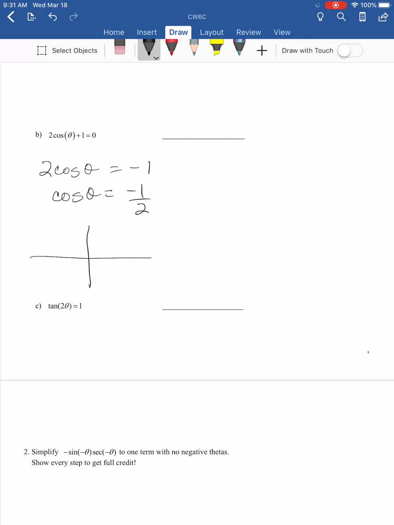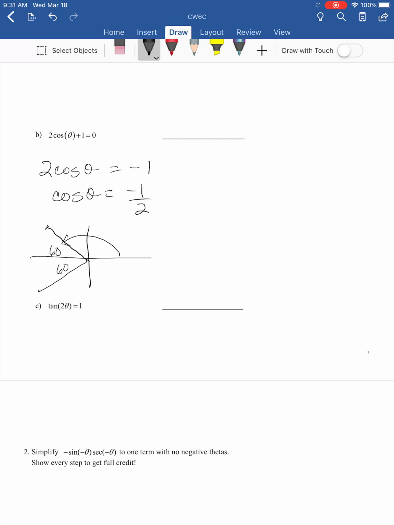And if you remember, a cosine is 1/2, it's 60. So we have a reference of 60. But we would have a 60-degree angle here and here, because that's where cosine is negative. Cosine is negative in the second and third.